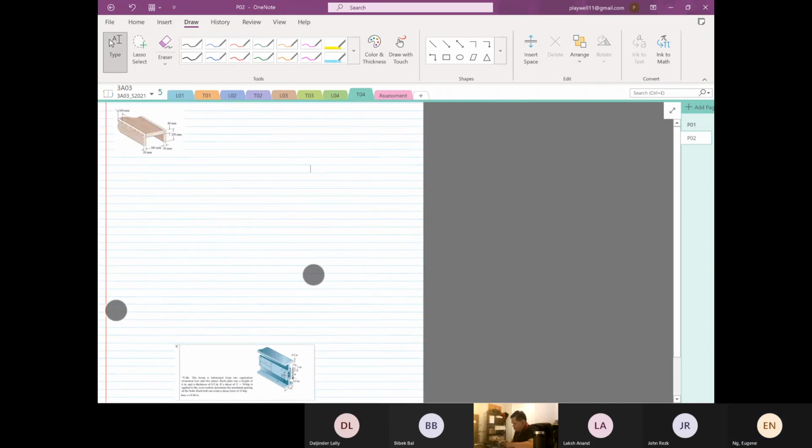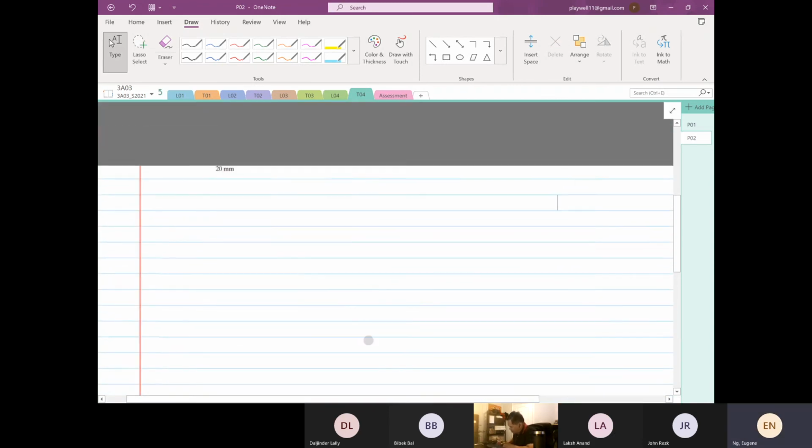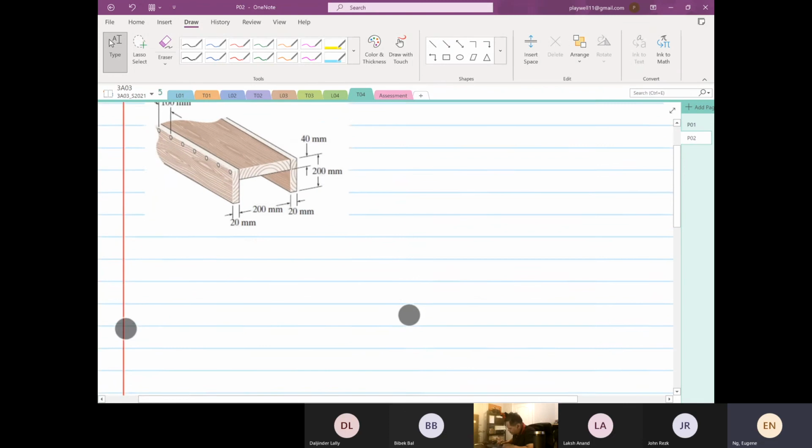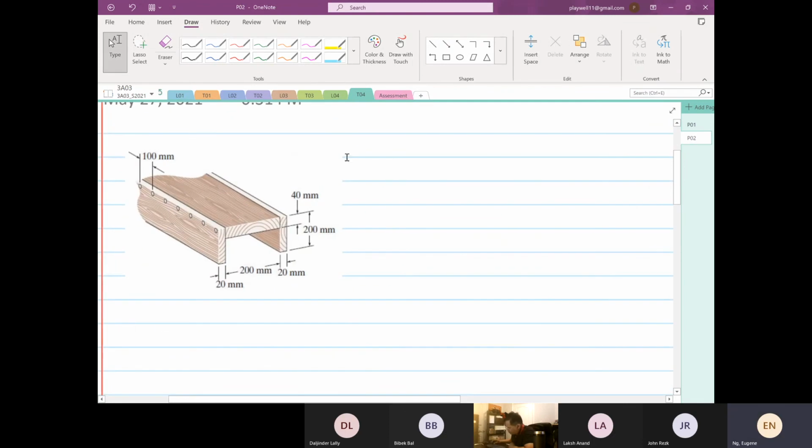Right. So now the next thing we're going to do is calculate what is our Q max. And I'm going to show you 2 ways of calculating, and the answer will be exactly the same. Right. So this is the centroid.